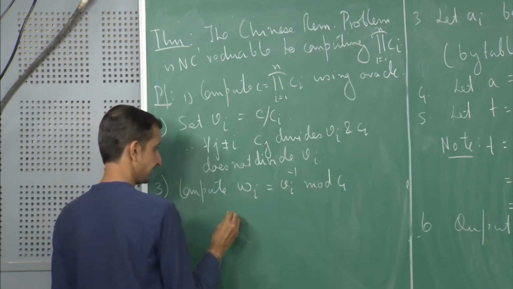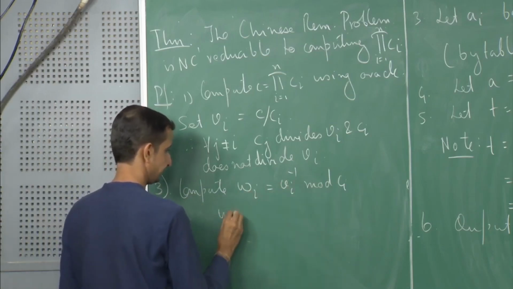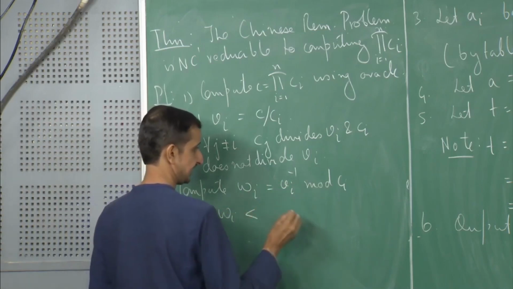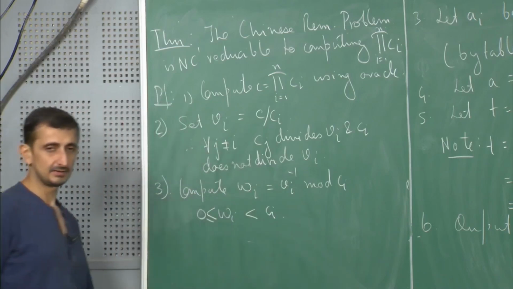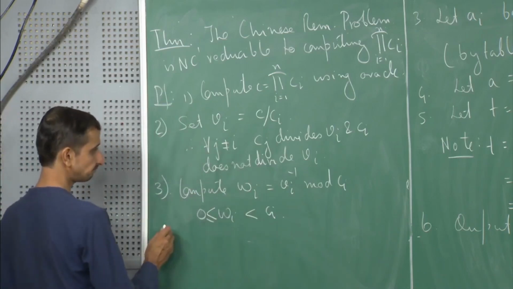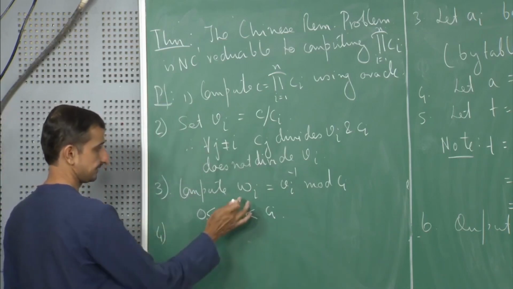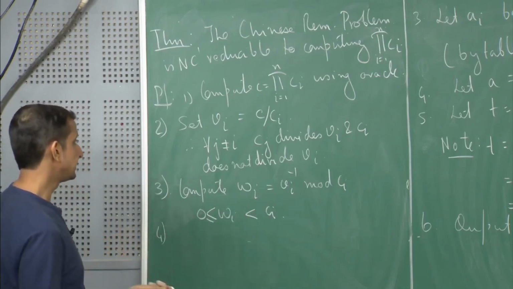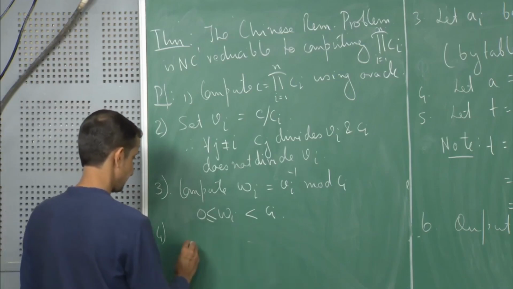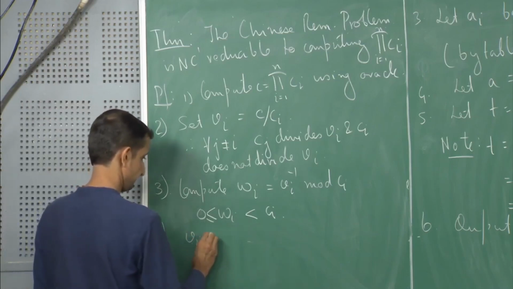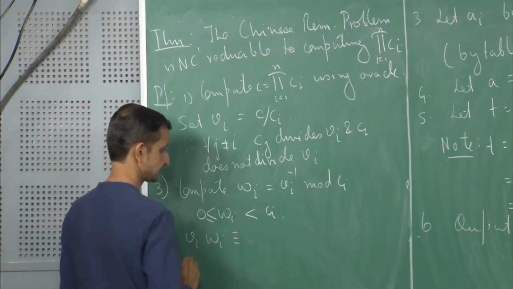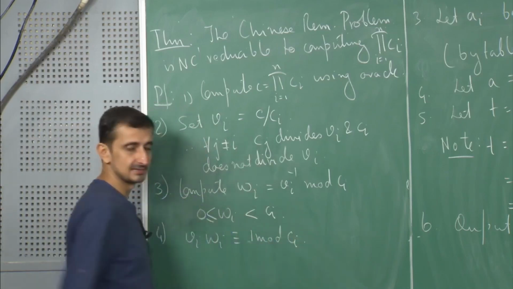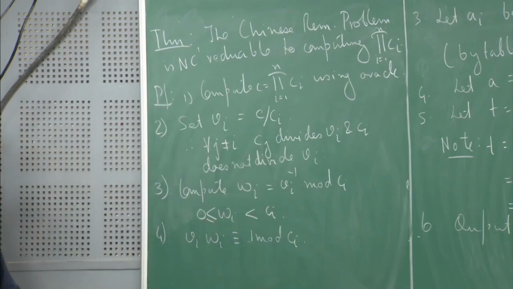What can we say about this quantity? Well, Wi is greater than 0 because it's a remainder, and it is less than Ci, right? And because Wi is equal to Vi inverse mod Ci, Vi Wi is congruent to 1 mod Ci, right?